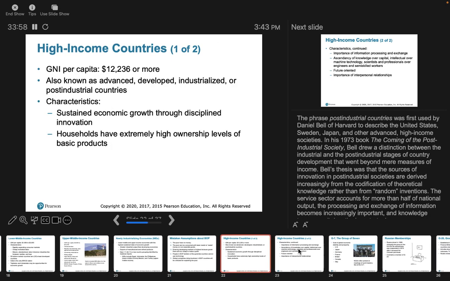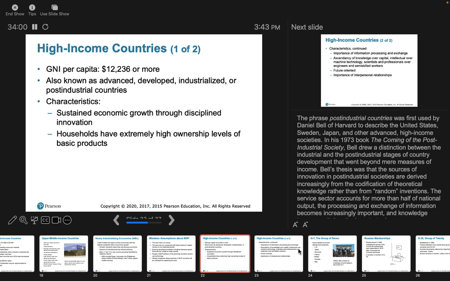Then we have high income countries. High income countries can earn up to 12,236 or more, also known as advanced, developed, industrialized, or post-industrial countries. They have economic growth through disciplined innovations. They have built systems over time, and things are well regulated. They also have extremely high ownership levels of basic products.